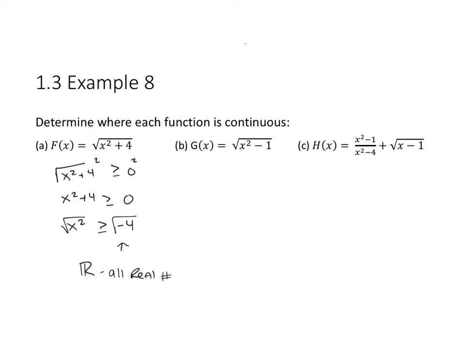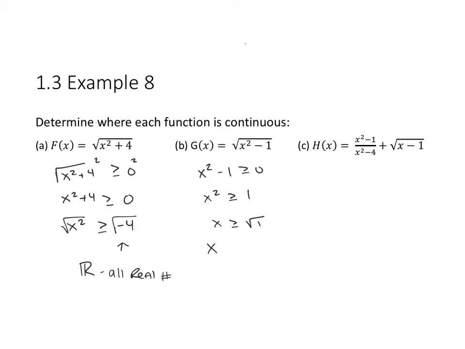I'm going to approach part B the same way. I know underneath my square root I have to be greater than or equal to 0. So let's see, I'm going to move that 1 over, and x squared has to be greater than or equal to 1. So x has to be greater than or equal to the square root of 1. And as we know, when I take the square root of 1, I also have to look at the positive and the negative.